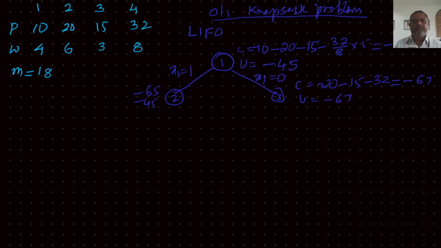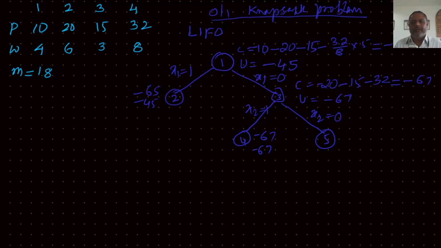Last in first out: the last item added is node 3. So from 3 we create 4 and 5. As we discussed, this is x2 equal to 1, and x2 equal to 0. The left child will borrow as it is, so that makes minus 67, minus 67, nothing to worry.